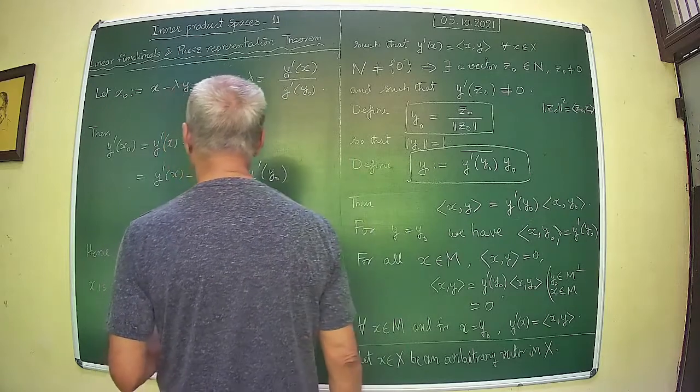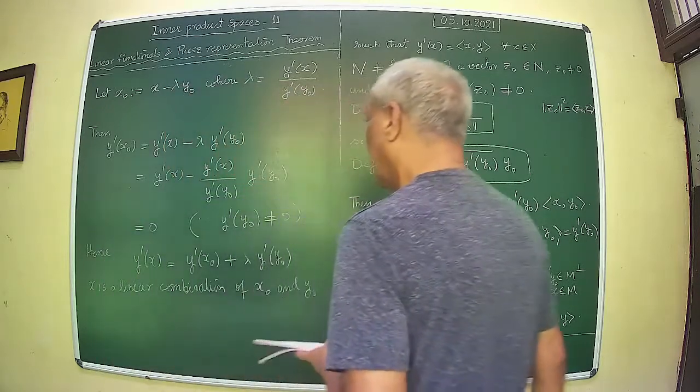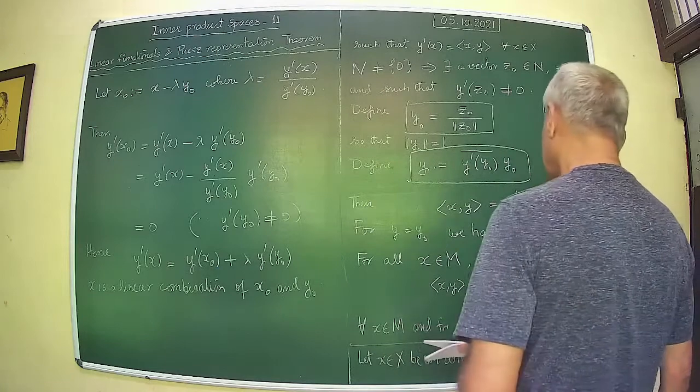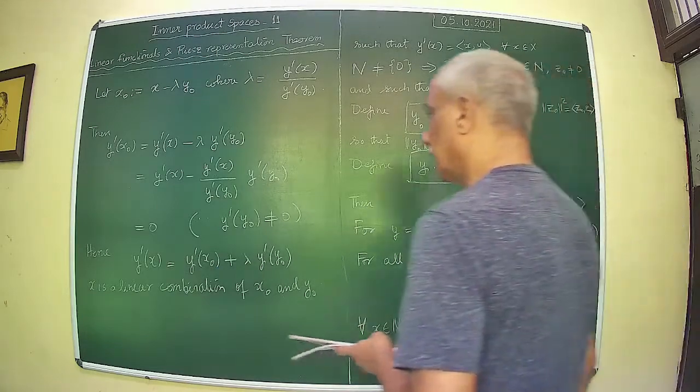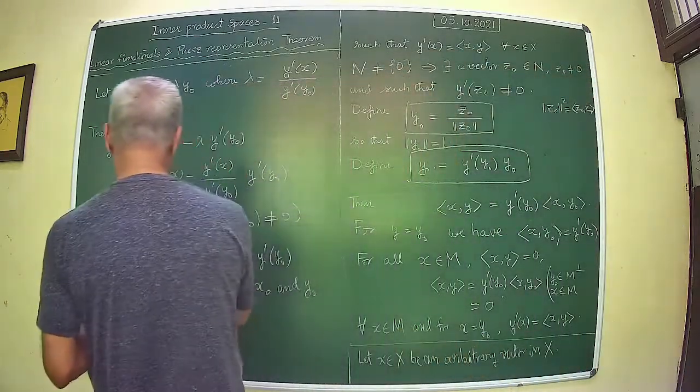Where x naught is of course a vector in, see this, what does this say?